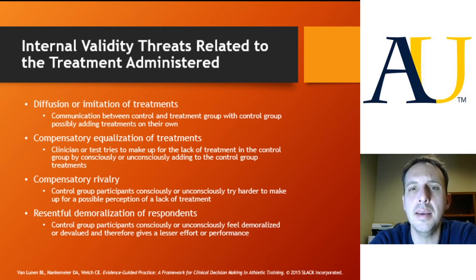And so the idea here is that if control group members start trying to imitate the treatment group, then they may start to receive some of the benefits of that treatment as well.